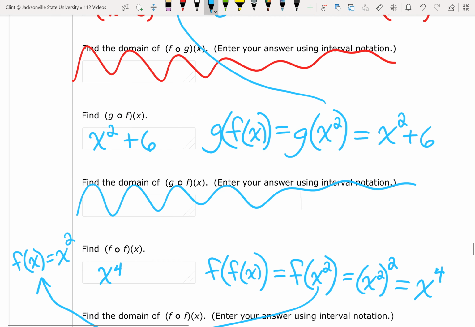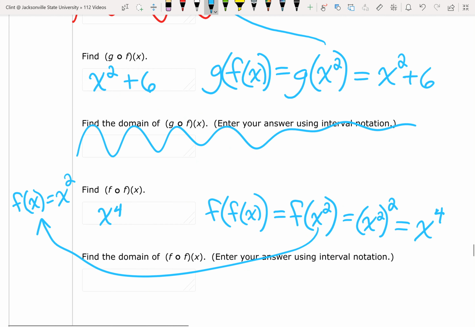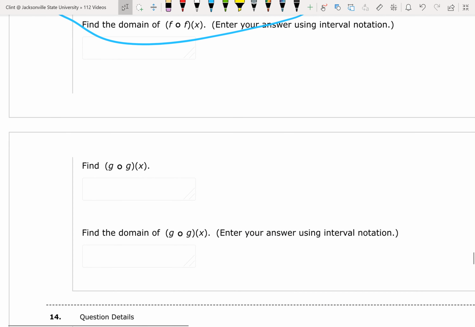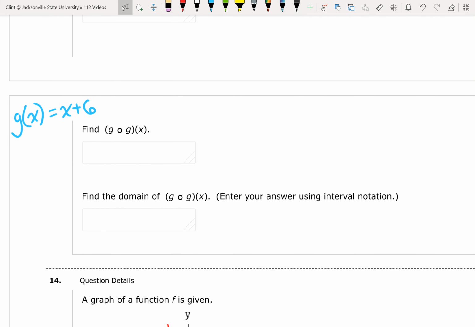And then g, I forgot what g was. g is x plus 6. Drop it down. Okay, so if we do g composed with g, g goes on the inside and the outside. g of x, x plus 6.